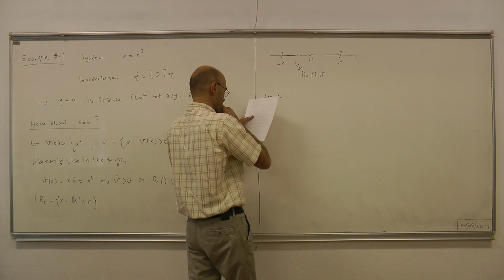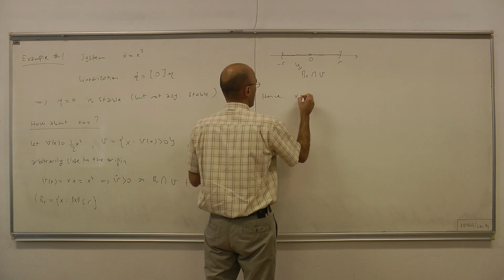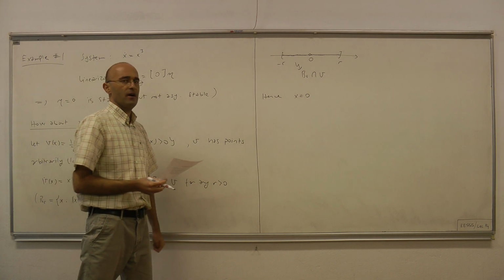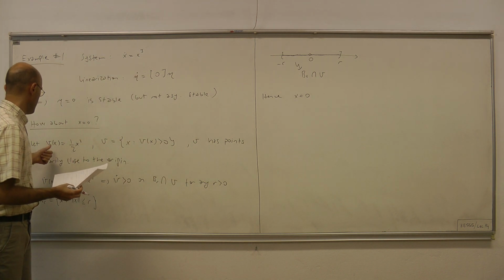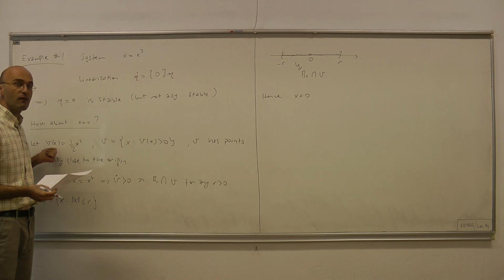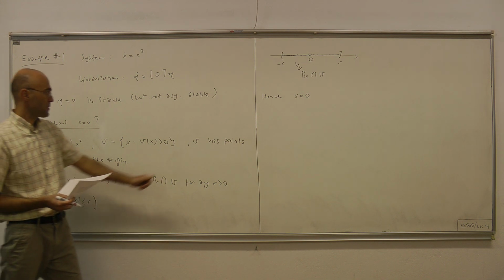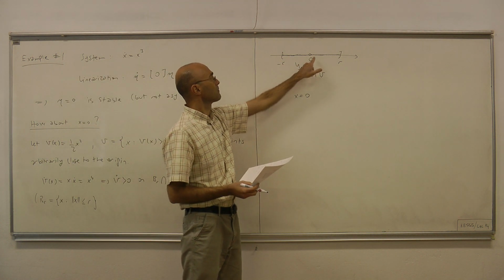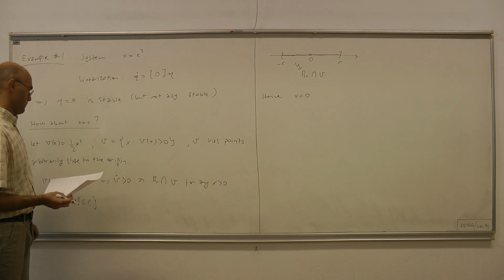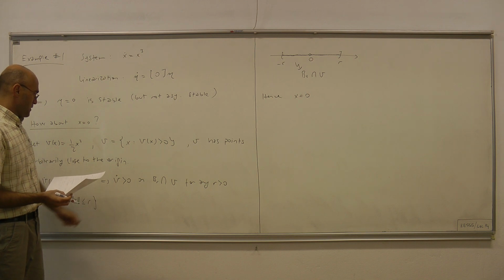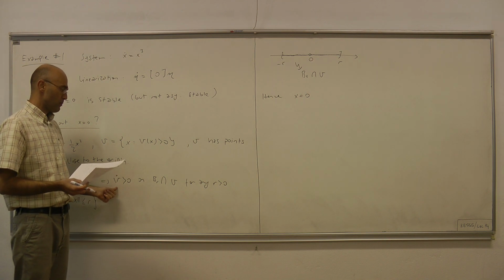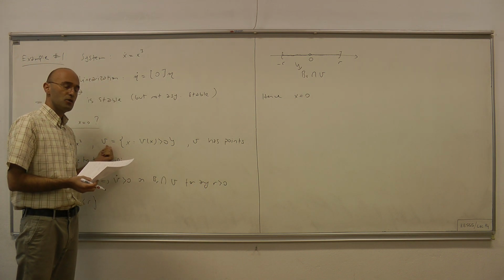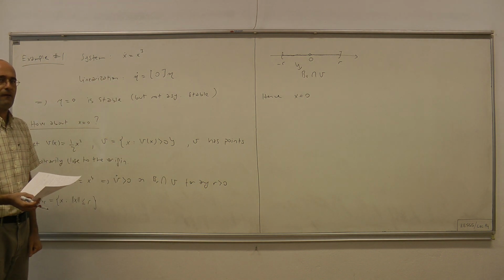Hence, the origin is unstable by Chetaev's theorem. We have a continuous function that is 0 at the origin. It has points that are arbitrarily close to the origin, and its derivative is positive on the intersection of this set U with the ball B_r.